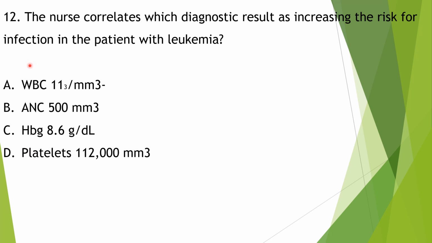But here you are being asked about the patient at increased risk of infection. The WBC count is normal, in the range of 4,500 to 11,000 cells per millimeter cube. But the absolute neutrophil count is low, so there are not enough neutrophils, or mature infection-fighting cells. So there is a chance of infection.